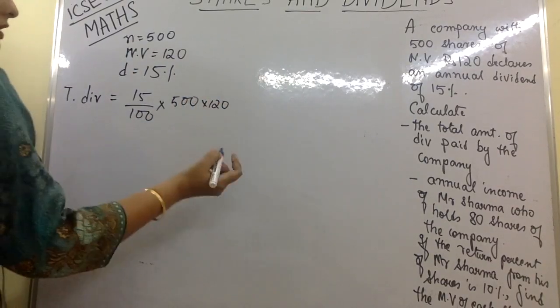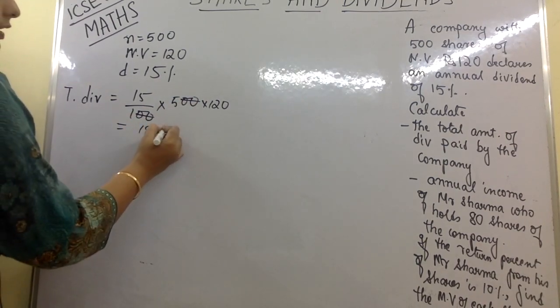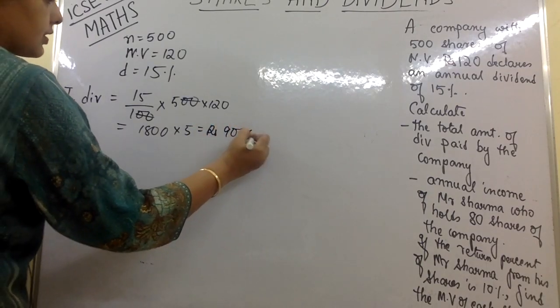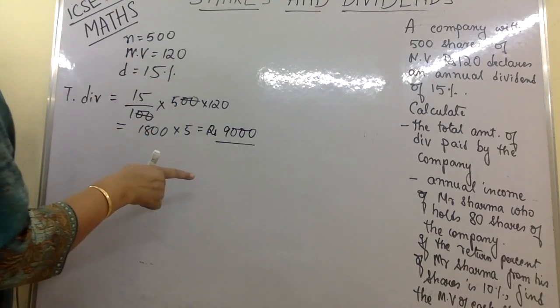Nominal value of each share is 120. So 180 into 5, which makes it rupees 9,000. So 9,000 the company pays as dividend to its shareholders.